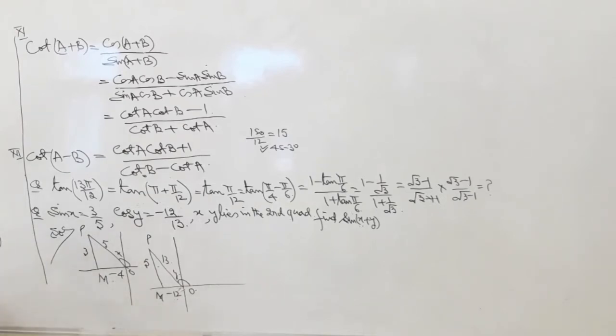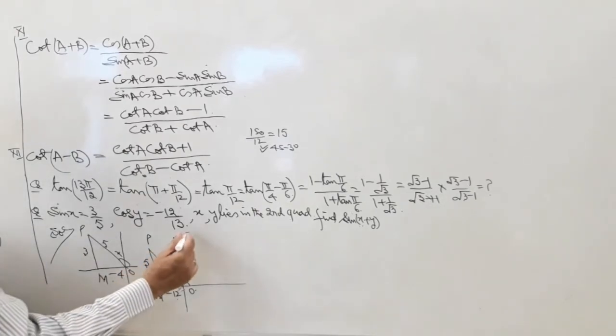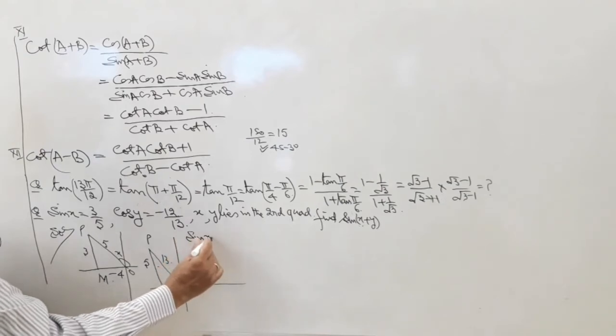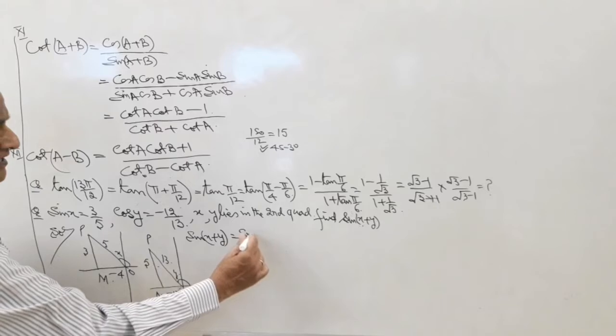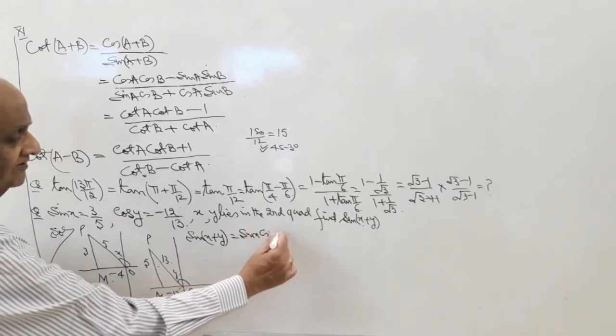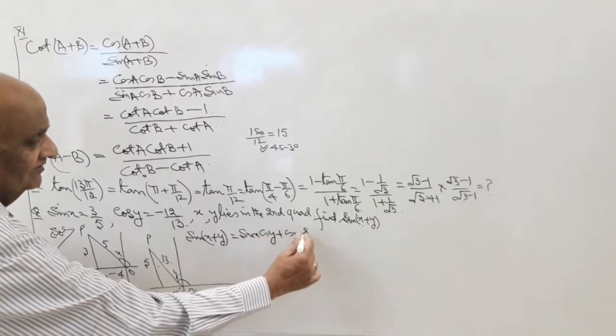So, drawing these two figures, let us calculate the value of sin(x + y). Sin(x + y) is sin x cos y plus cos x sin y.